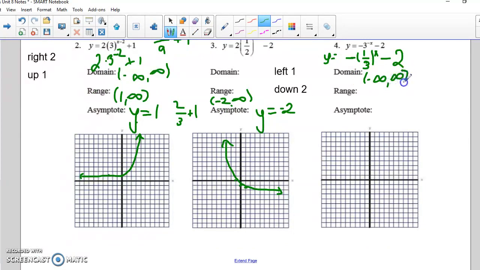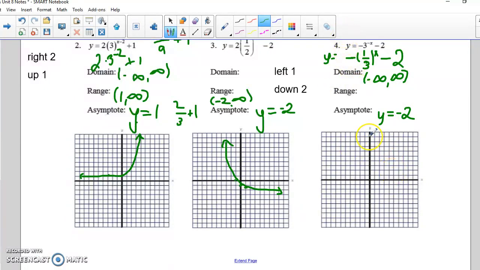Now what's our range? Well, we know that we're going to have to use this -2. That becomes our asymptote. y is equal to k is our asymptote, so y is equal to -2. But now I'm curious as to what this graph is actually going to look like. What does this negative sign do?